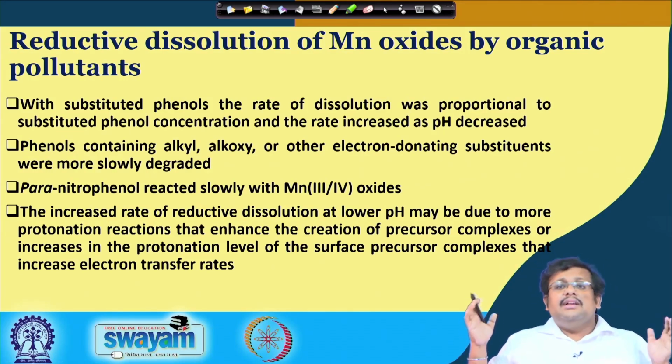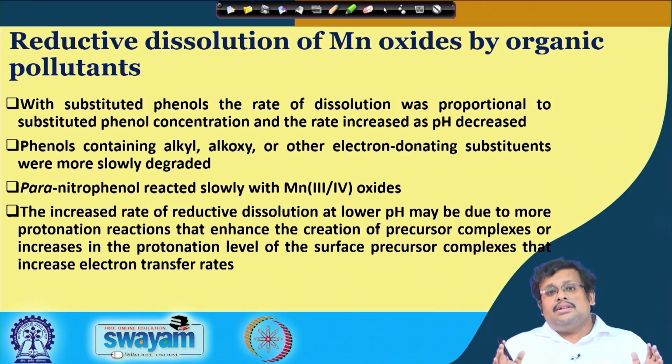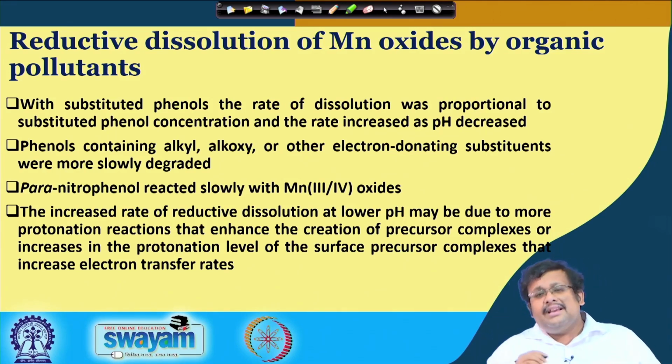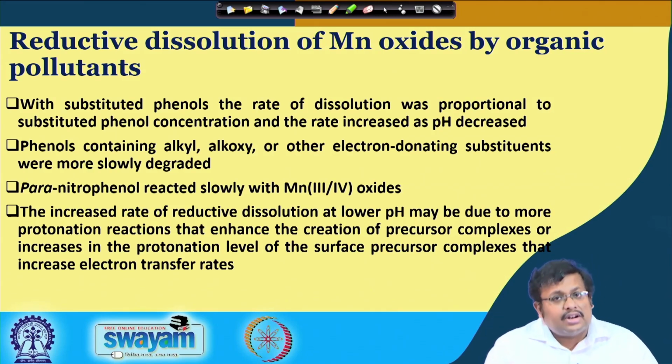Obviously, you can see that the reductive dissolution not only occurs through oxidation by manganese oxide, which is an inorganic mineral, but manganese oxides can also be reduced by different organic pollutants.